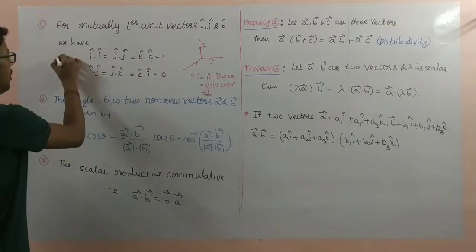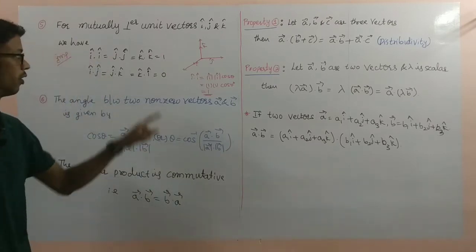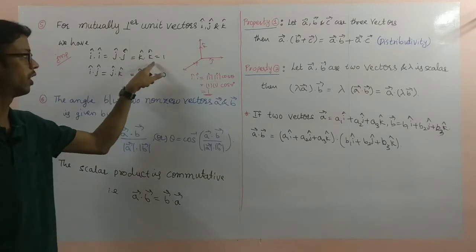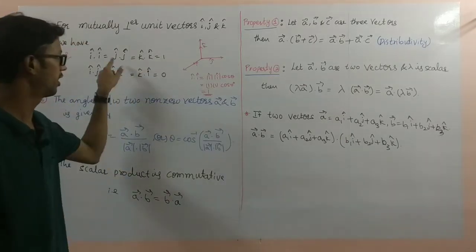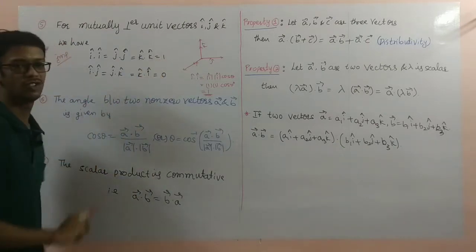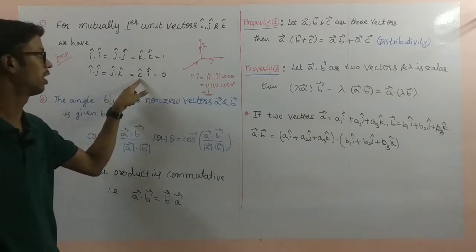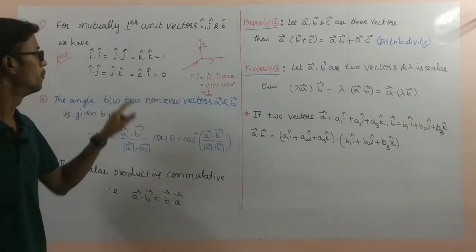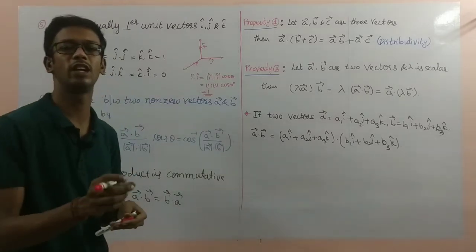So this is the important one. I dot i equal to 1, j dot j equal to 1, k dot k equal to 1. The dot product of the same unit vectors, the value should be 1. Next, i dot j equal to 0. J dot k equal to k dot i equal to 0. Mutually perpendicular is nothing but 0.